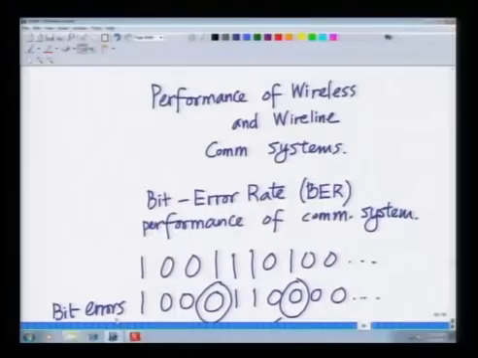We said the most important characteristic used to compare the performance of these two systems is the bit error rate, denoted as BER, which is simply, if I transmit a stream of bits, on an average what is the probability that the bits are detected in error.